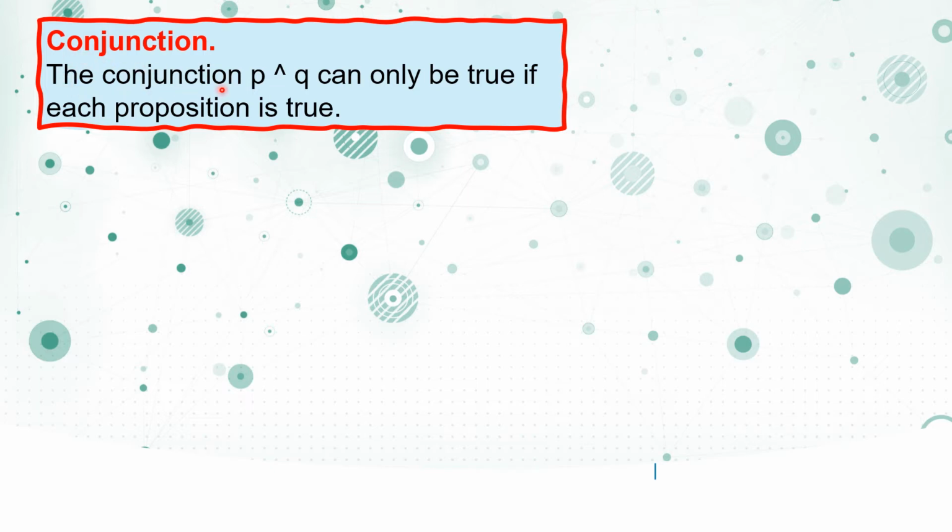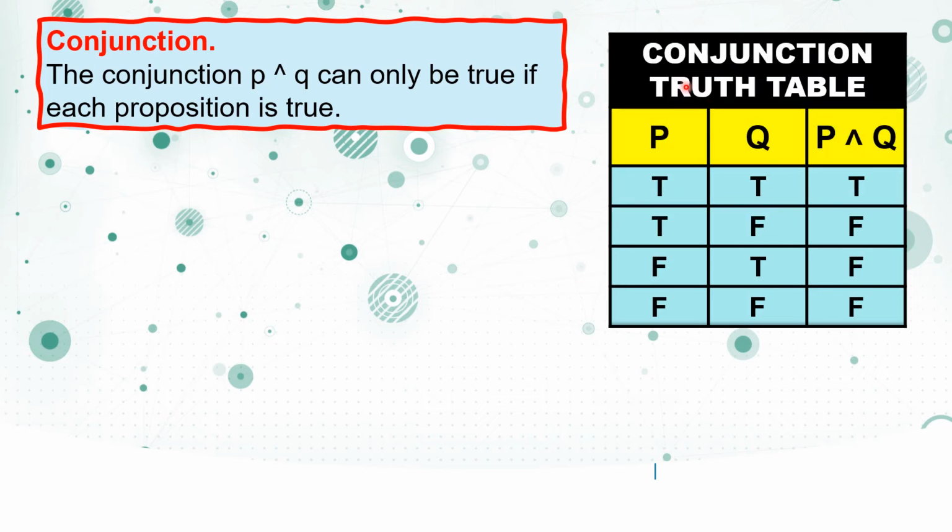The conjunction P and Q can only be true if each proposition is true. So ang ibig sabihin nito, yung conjunction natin ay true kapag both propositions natin ay true, as shown in this conjunction truth table.